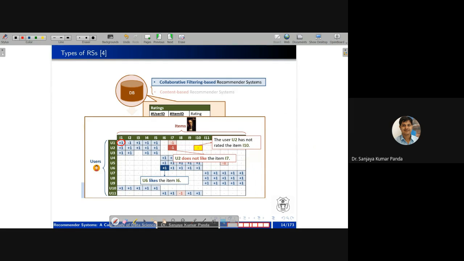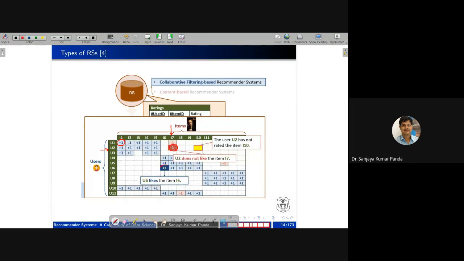So the value is only +1 or -1. So you can say U1 liked item I1. See here, there is a -1. What does it indicate? It indicates that the corresponding user, that is U2, and the corresponding item, that is I7. So you can say U2 does not like the item I7, right?